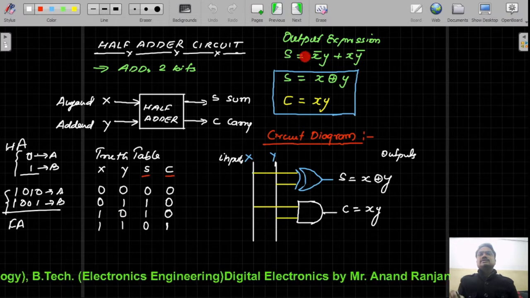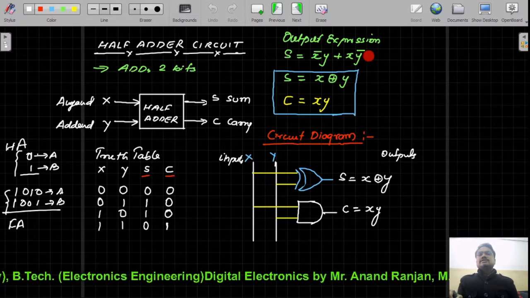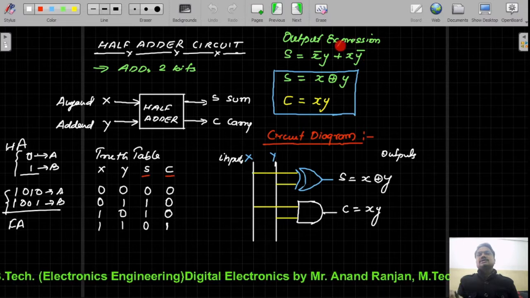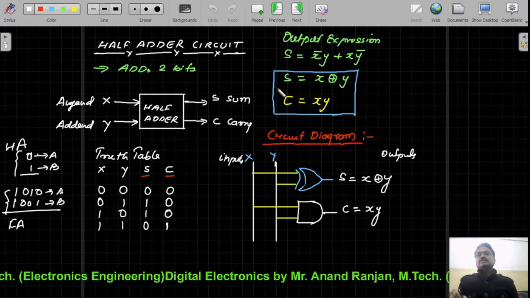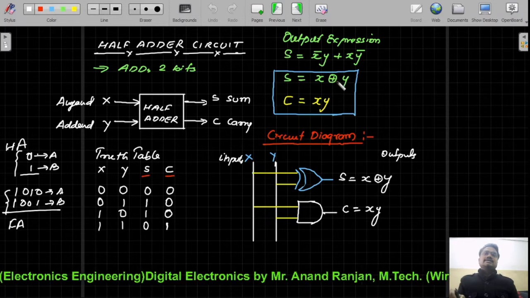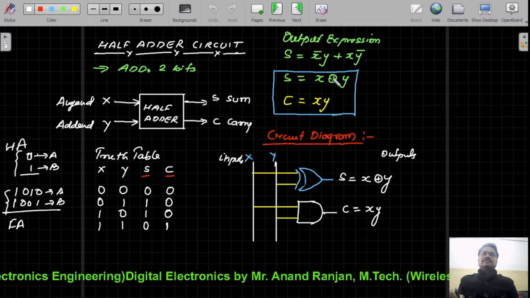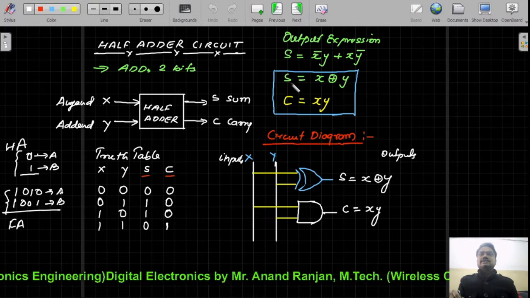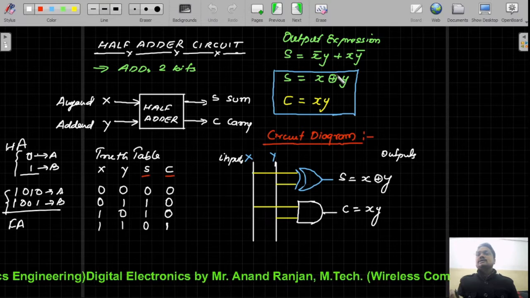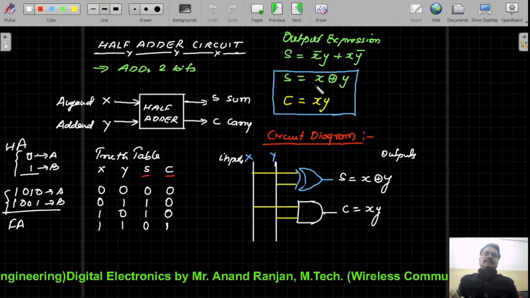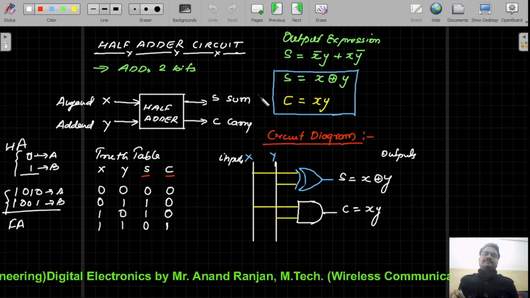This is the sum expression, and of course this is a standard output, so we can write S is equal to x XOR y.